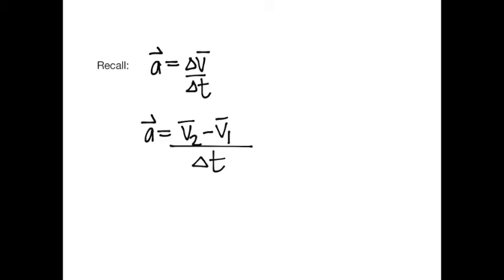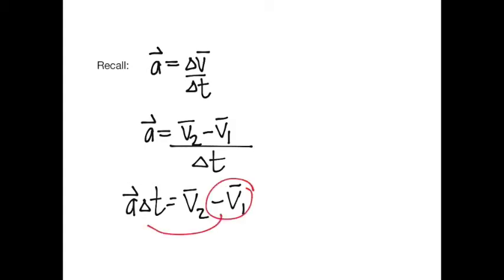Multiplying both sides by delta t will give us a delta t is equal to v2 minus v1. Our next step would be to get rid of this v1. So what we're going to do is take this v1, bring it over the equal sign. When we do, its sign will change from negative v1 to positive v1.